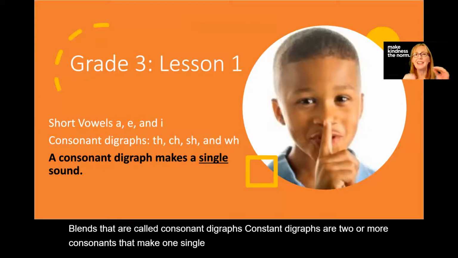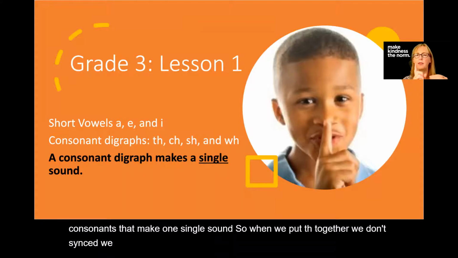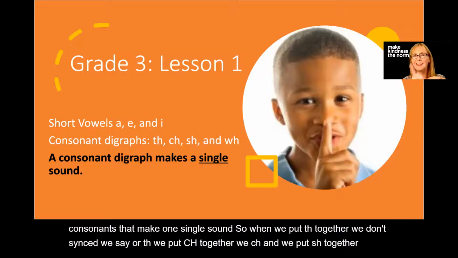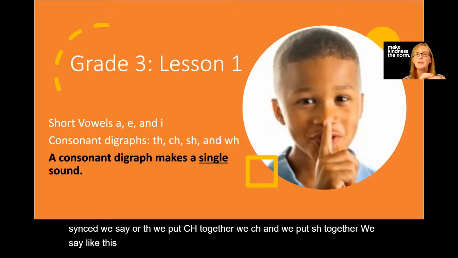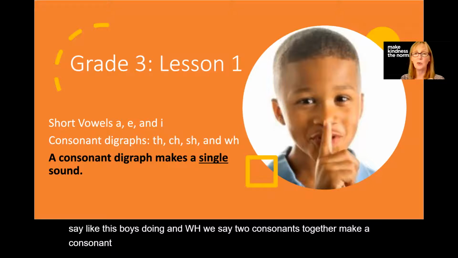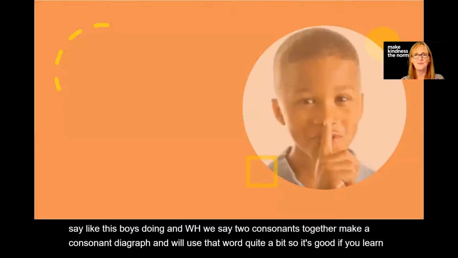So when we put TH together, we don't say T, we say th. When we put C and H together, we say ch. And we put S and H together, we say sh, like this boy is doing. And WH, we say wh. 2 consonants together make a consonant digraph. And we'll use that word quite a bit, so it's good if you learn it. I'll keep reminding you, however.